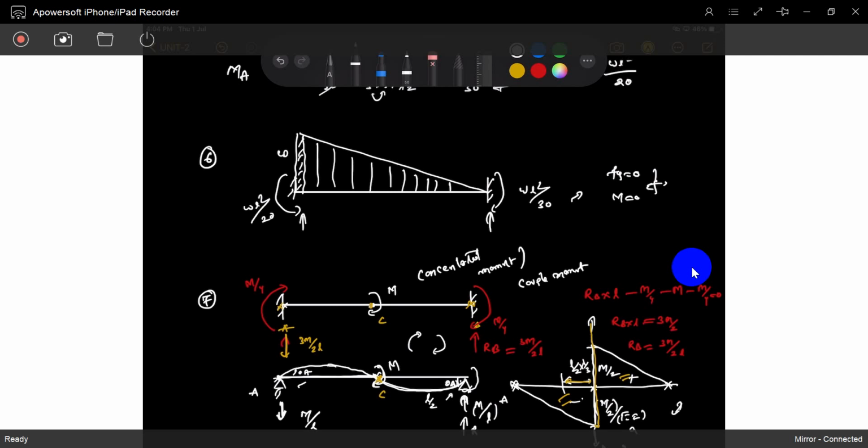But if you take clockwise or anti-clockwise, that's the direction, and it is a plus. That's why I don't like positive or negative. There is no meaning. If you just use common sense, and see which direction it applies, you can easily find out. But if you remember plus or minus, hogging or sagging, this will confuse you every time.